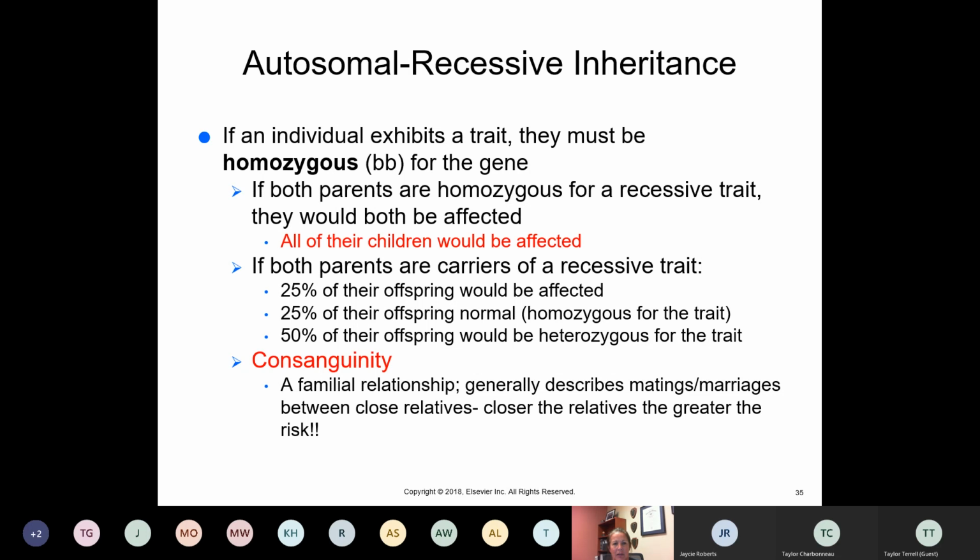So recessive requires two of those genes to exhibit the trait. It must be homozygous to show that trait.